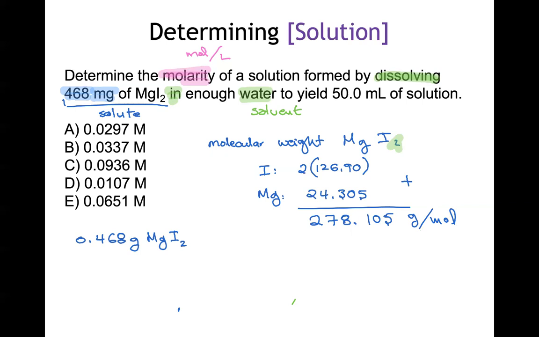So we can multiply by 1 mole over 278 grams, or 278 grams per 1 mole. So 1 mole of magnesium iodide over 278.105 grams of magnesium iodide.